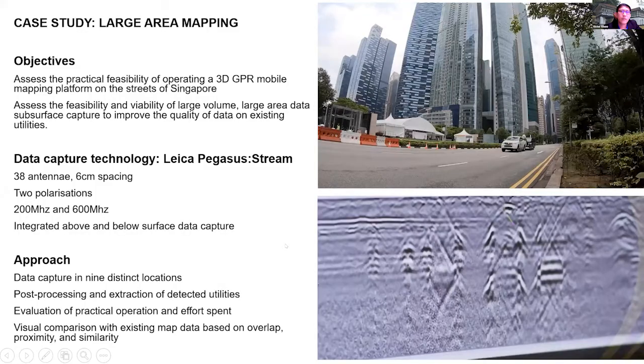In the first phase of our work, we actually carried out a case study to look at the 3D GPR mobile mapping systems, piloting the work in Singapore's streets, trying to understand that technology, how effective they are in our work.